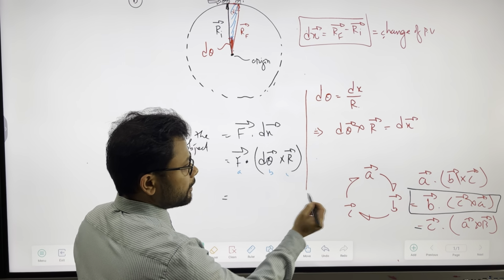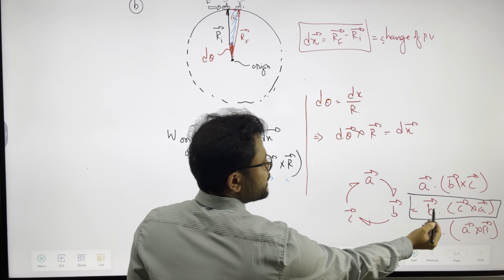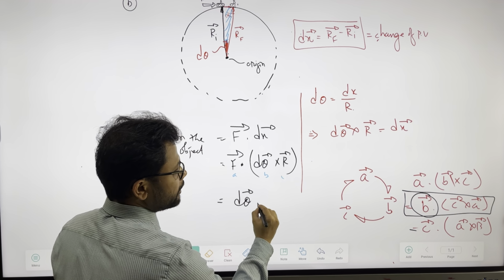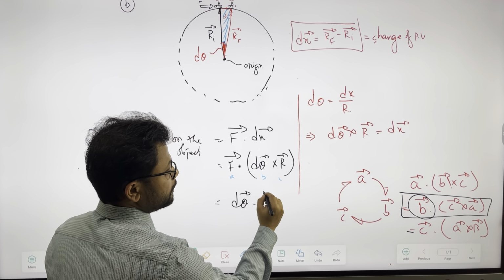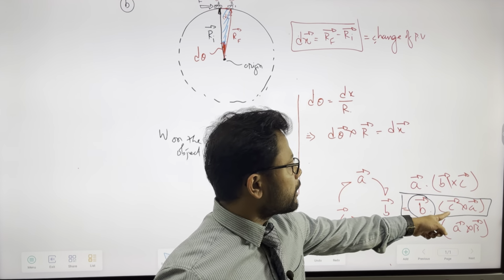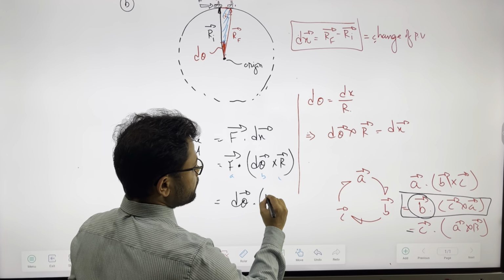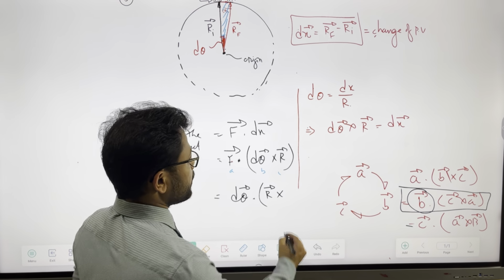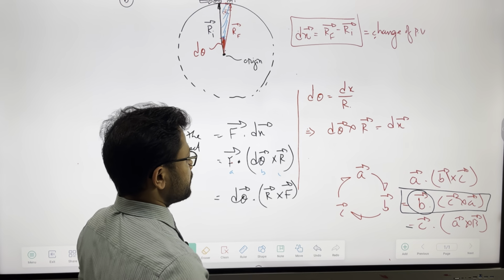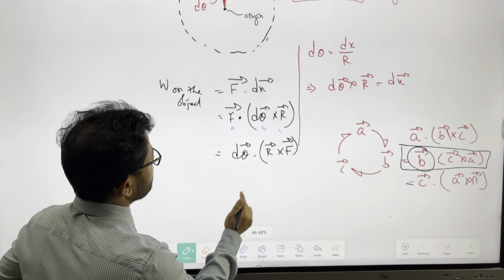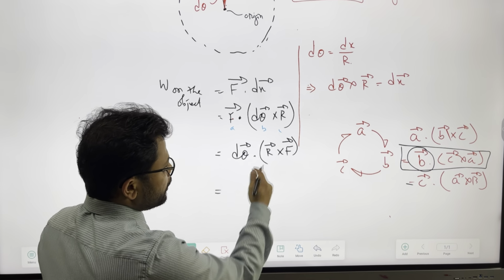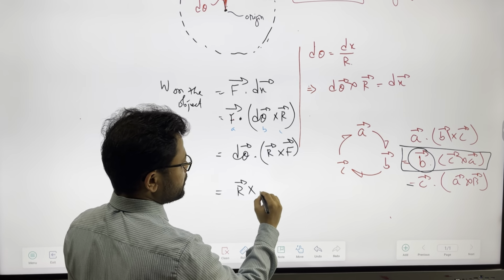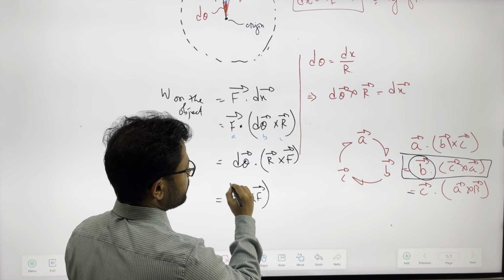In place of B vector we have d theta, then a dot product, then in place of C we have R vector, there's a cross, and in place of A vector we have F vector. We can flip their positions, because this is a dot product and their position does not matter much.